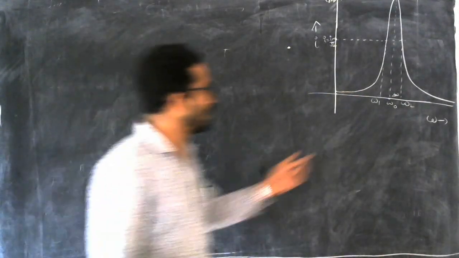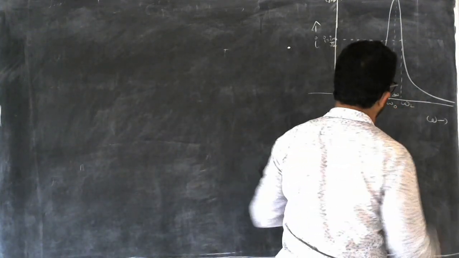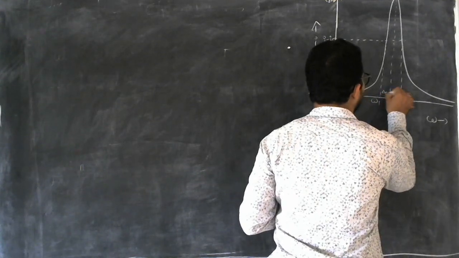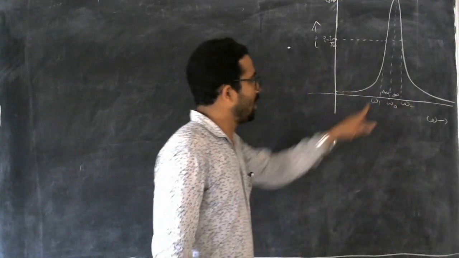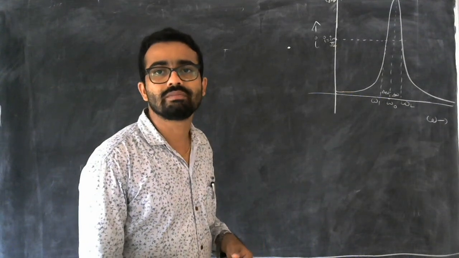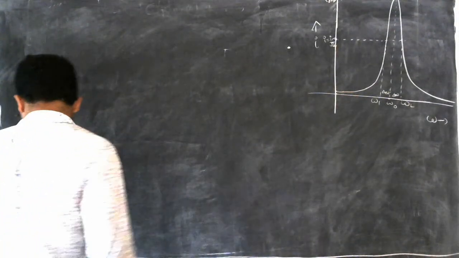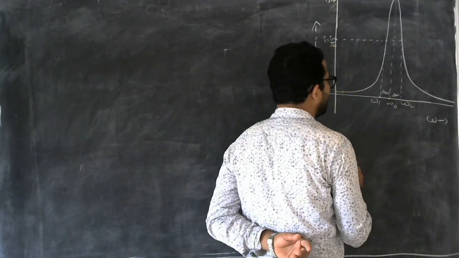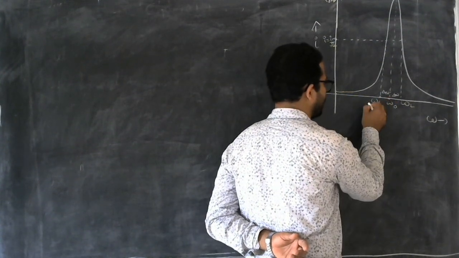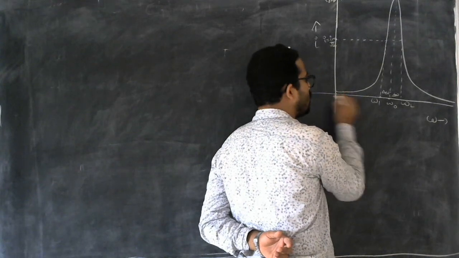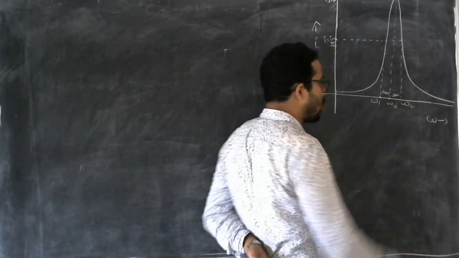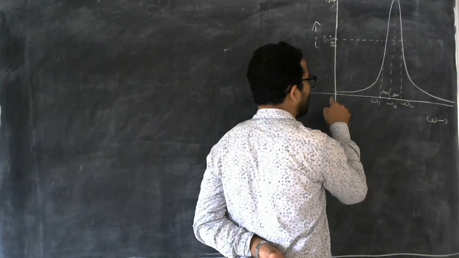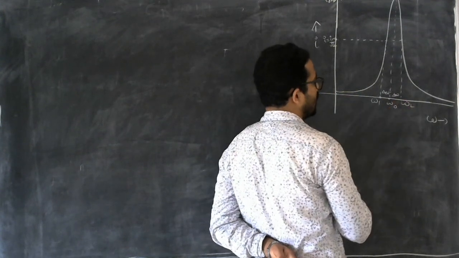So the frequency difference between omega naught and omega 1 is also delta omega. Let's take it like that now. And if you look at this, omega 1 is a value from 0 to this point. Omega 2 is a value from 0 to this point.